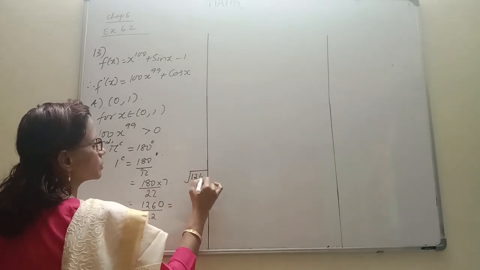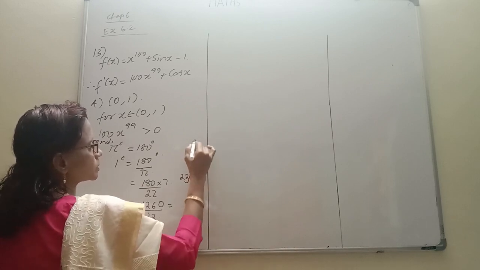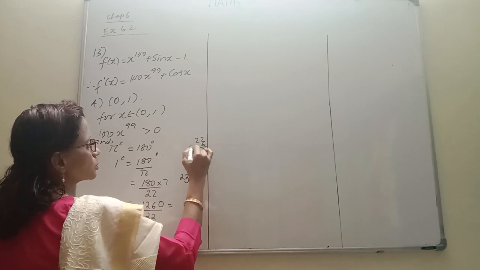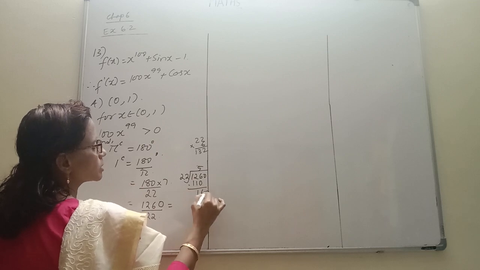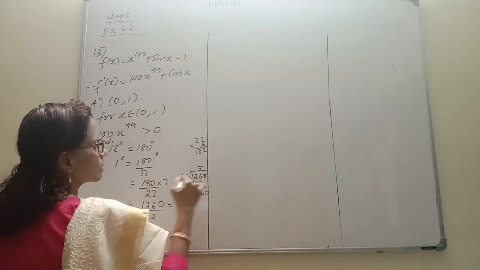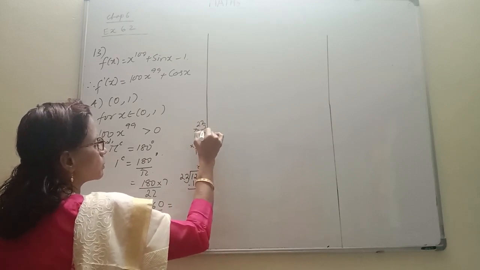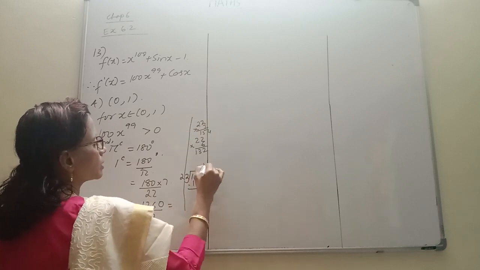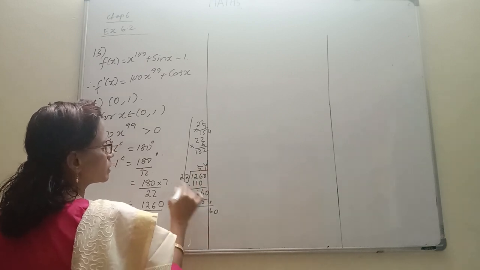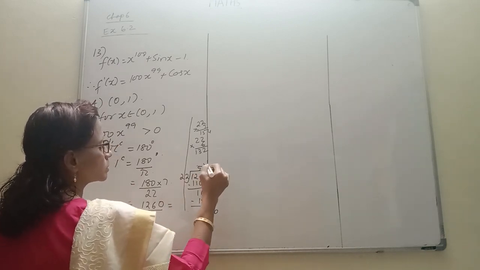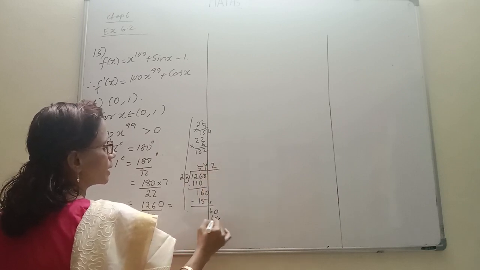Yeah, we're trying to do this calculation. 22 times 6 is 132, 22 times 7 is 154, and so on.